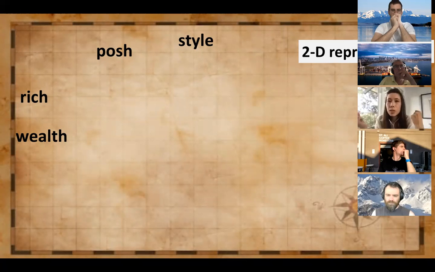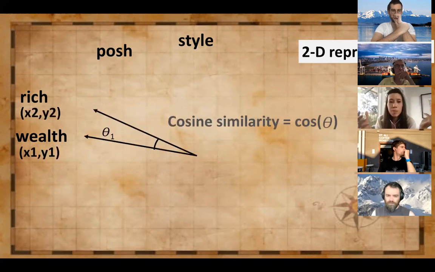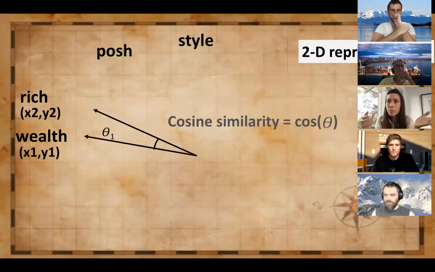Now, based on these coordinates that we learn, we can also analyze how close any word is to any other word in our embedding space. So, for example, if you know the coordinates for the words wealth and rich, you can calculate how close these words are in two-dimensional space by looking at what's known as the cosine similarity, so the cosine of the angle between the vectors associated with their coordinates.